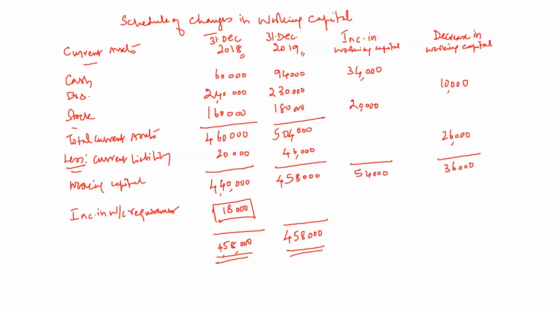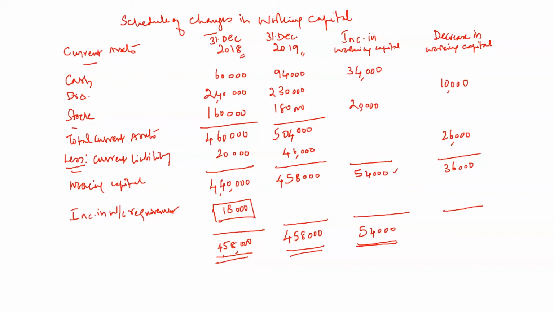Similarly here, if I close the increase column has the greater balance. So first I have to close the increase column. It should be balanced with the decrease column. In case a decrease column is greater, first you have to close the decrease column and balance it with the increase column. Here the increase column amount is greater.